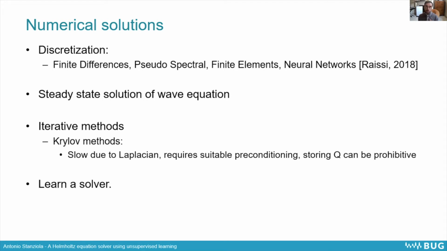So each subject is going to have its own mesh, or in the case of physics-informed neural networks, each problem is going to be solved by optimizing a different neural network each time. And this makes it a little bit challenging to build a method that you can apply to different problems and different subjects. So in terms of the discretization, we use the pseudospectral method.